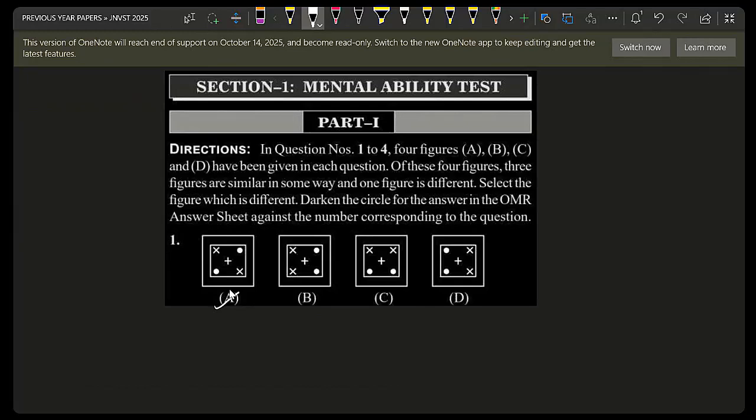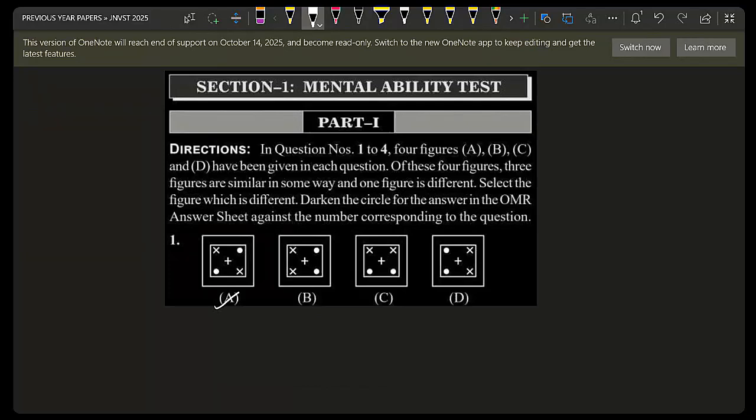Doubts you can raise your hand. Himanshu, what is your doubt?